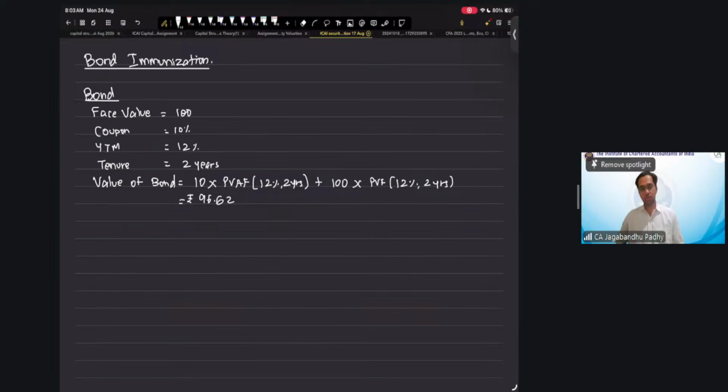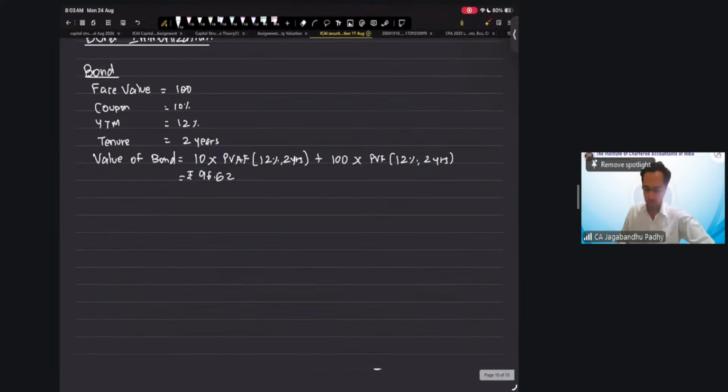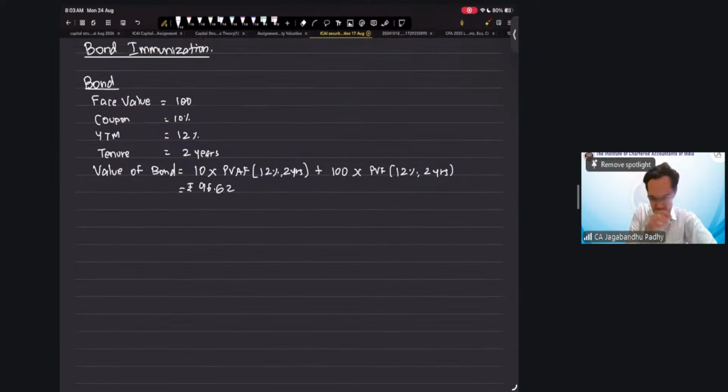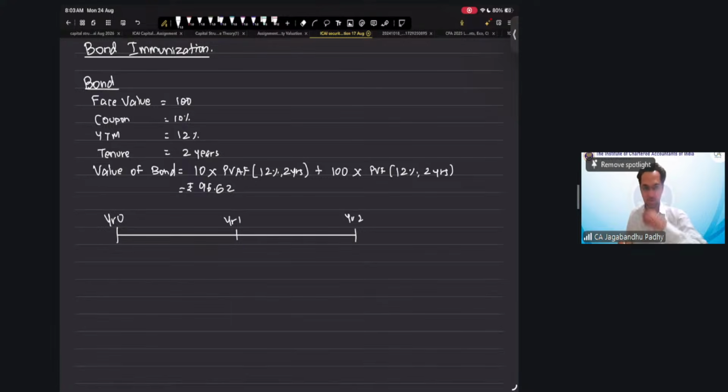So today, if you are going to invest in this bond, you're going to buy the bond at this price, 96.62, right? And the tenure of the bond is 2 years. So we have year 0, year 1, and year 2.